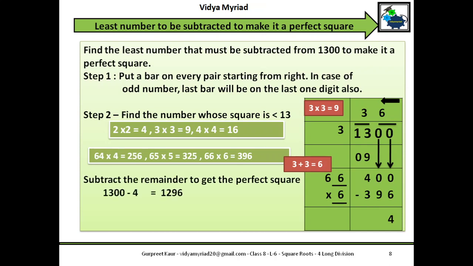Simply minus that number and you find that it is 1296, and the square root of 1296 will be 36. So 36 multiplied by 36, you will get 1296. That is the perfect square. So we have to just subtract 4 from 1300 to find the answer.